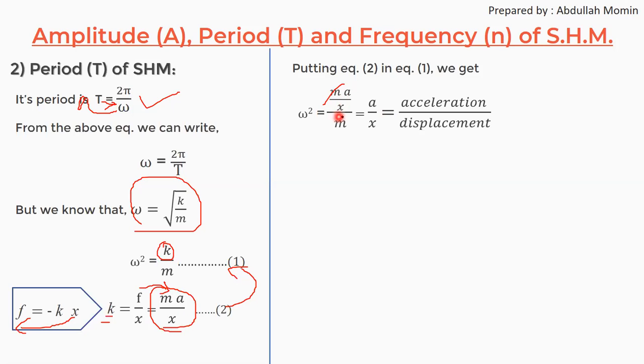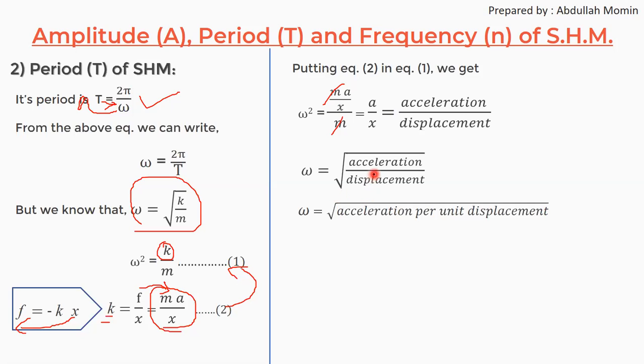This m and this m will get cancelled, and we will get ω² as a/x, where a is the acceleration and x is the displacement. So ω² is equal to acceleration divided by displacement, and ω can be written as the root of acceleration divided by displacement. We call this term acceleration per unit displacement.